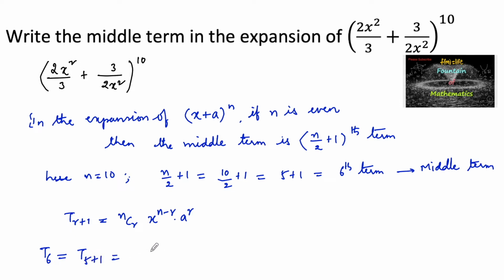So we can consider r is equal to 5 and here n is equal to 10. So we can consider 10C5 (2x²/3) to the power of 10 minus 5, that is 5, into (3/2x²) whole to the power 5.